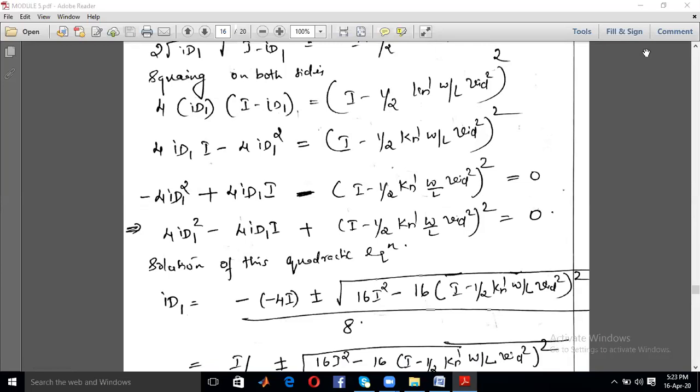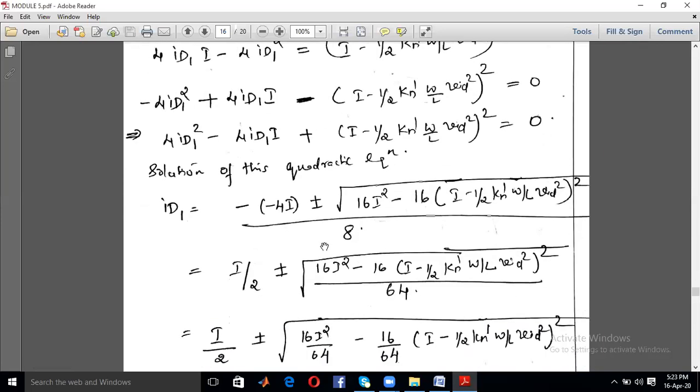Very clear now? I have just applied the quadratic equation solution, that is, the roots of the quadratic equation. Then what I'll do is, I'll apply this 8 to two terms. You have two terms here. One term is 4I, and the square root also I'll be applying this 8 to. So what will happen to this 8 when it comes inside the square root?